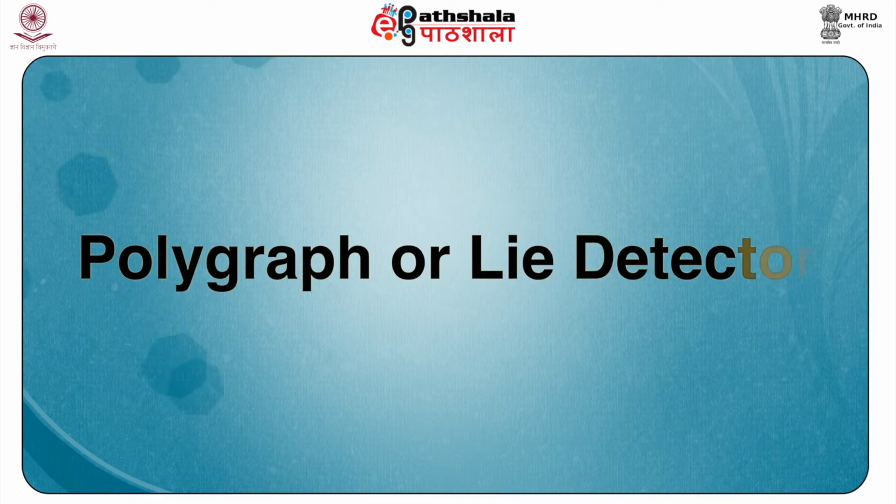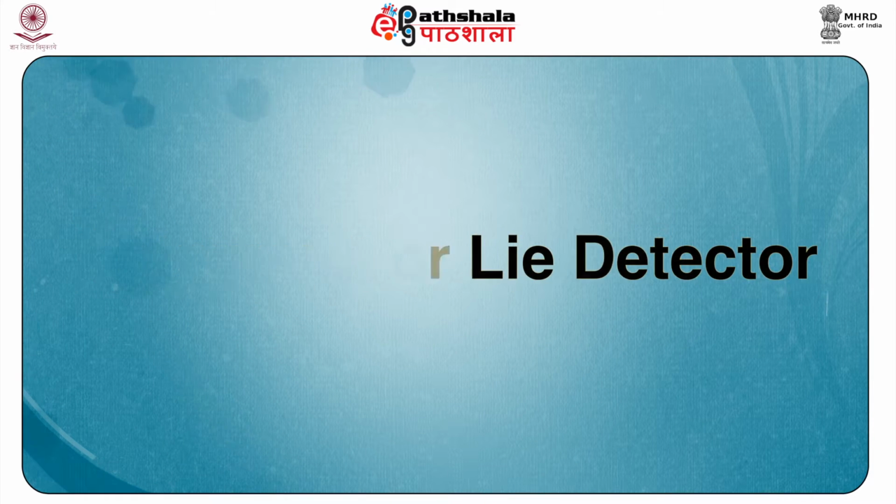The following is a brief description of a few important techniques used to gather potential information from the evidence, and their application. Number 1. Polygraph or lie detector. The polygraph is used for the purpose of lie detection.